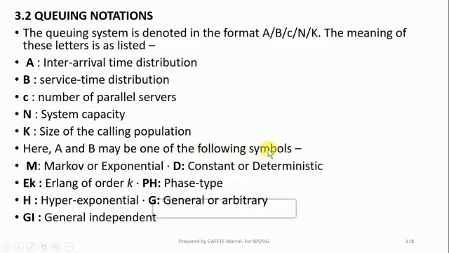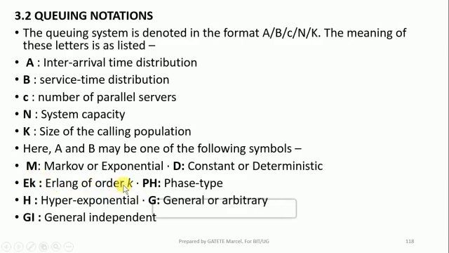Here A and B can be represented by any of different symbols. You can use M when you use Markov or exponential distribution. D shows that it is constant or deterministic, not dynamic or variable. E_k is where we use an Erlang of order k.